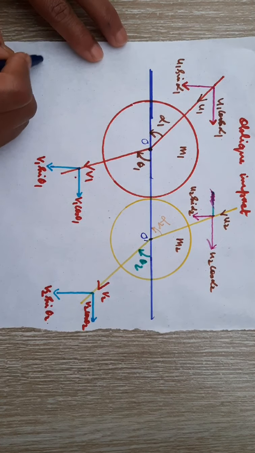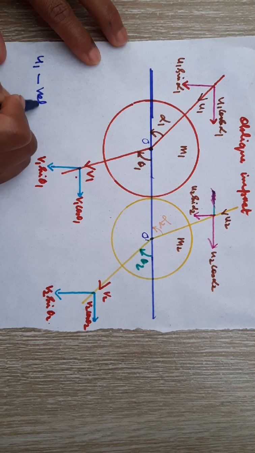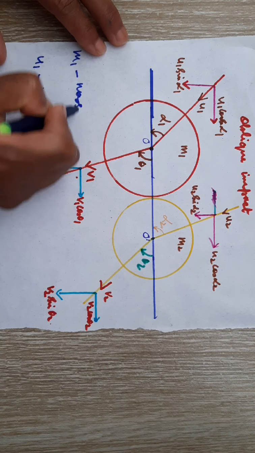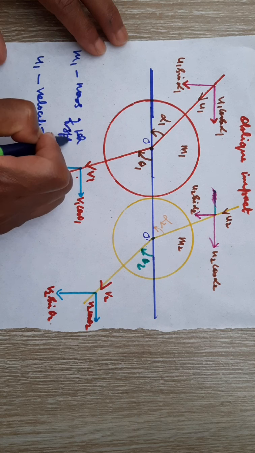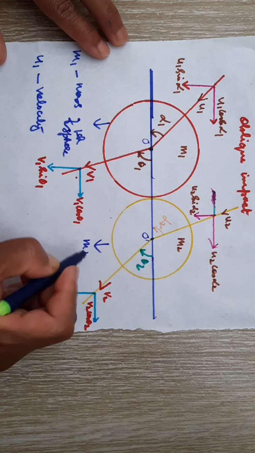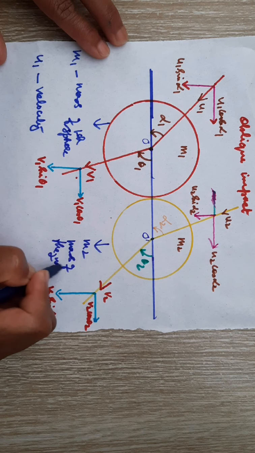So now let us take m1 to be the mass of the first sphere, and that is this one, and m2 is the mass of the second sphere.